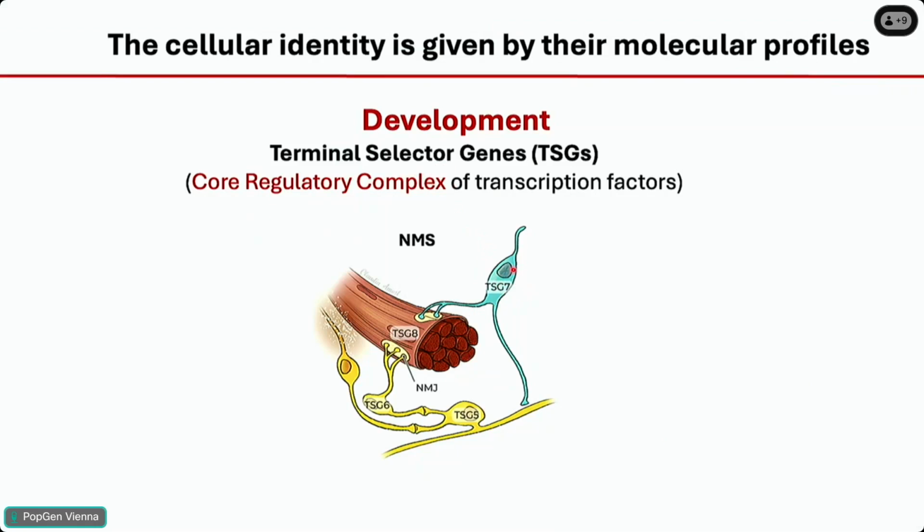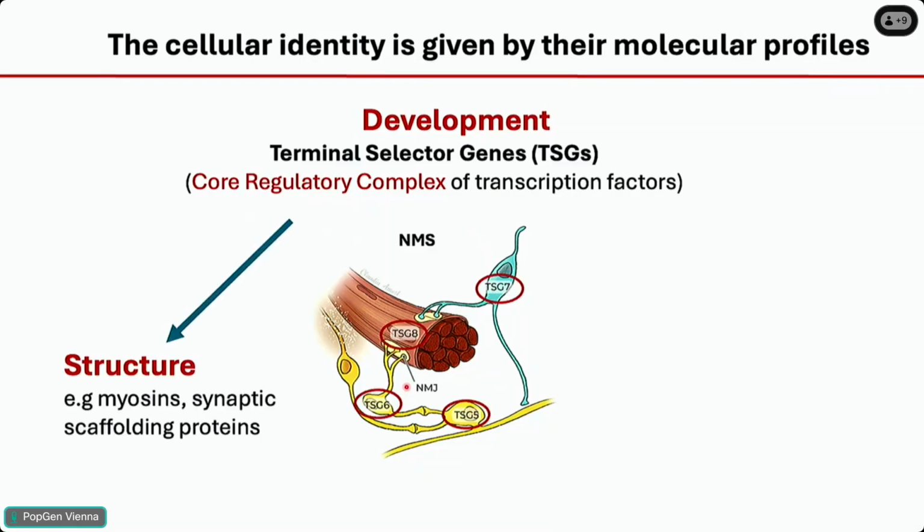And this combination of transcription factors differs between the different cell types. That's the idea, and they regulate the phenotypic level of this cell type, which is either structural protein genes like myosins in the case of muscles, or synaptic scaffolding proteins for neurons, for instance.